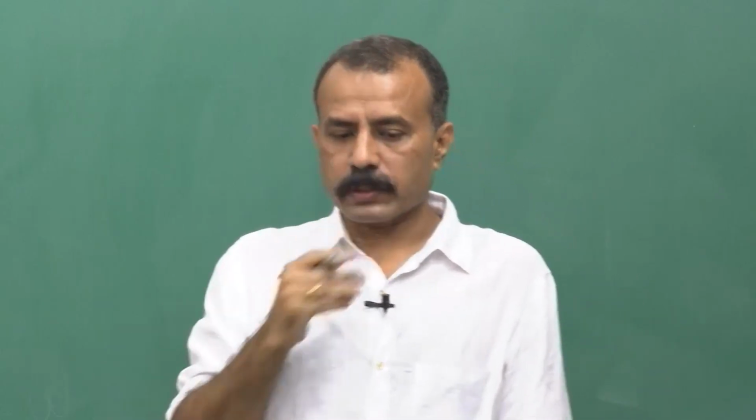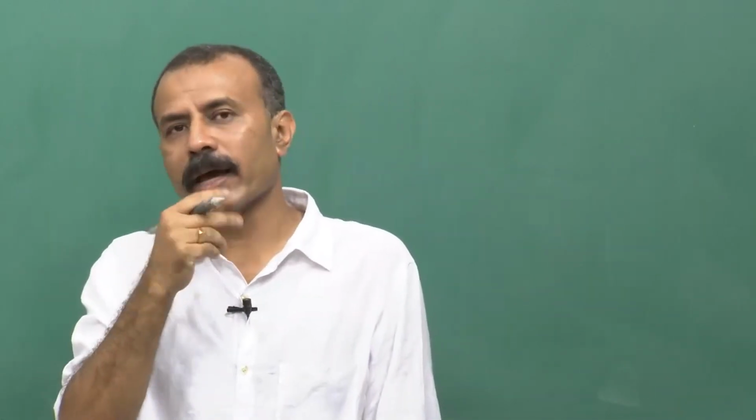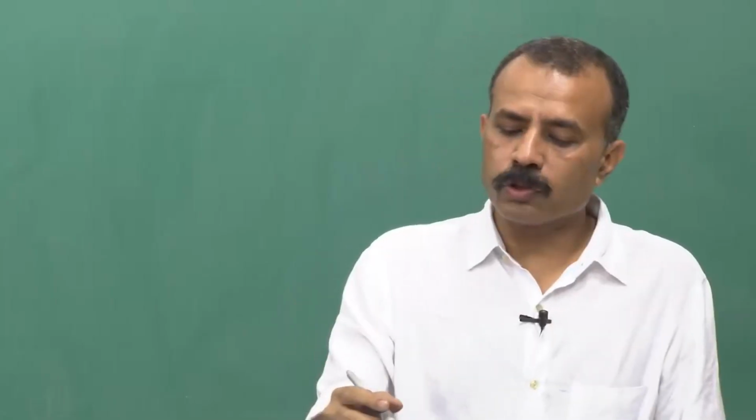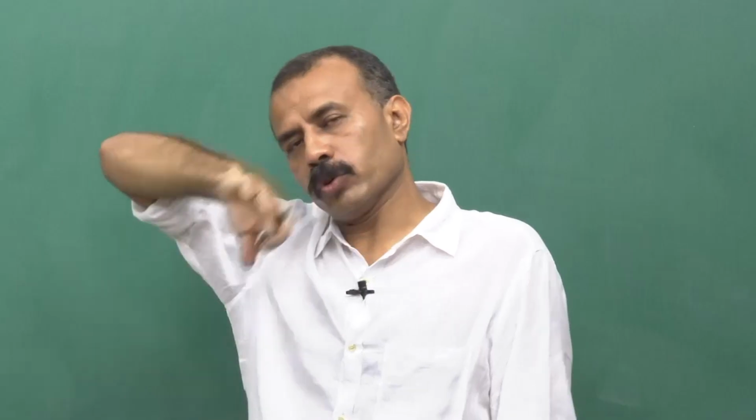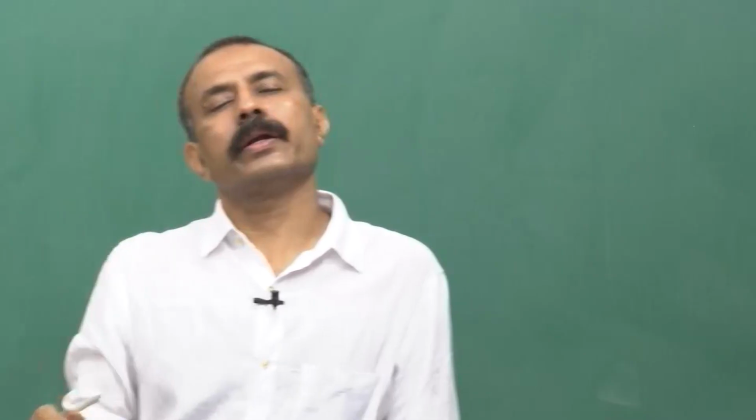And secondly, there is another challenge. There is no way that you can prevent the myotubes forming here, and the depth is so small that those myotubes may come to the bottom and can occlude the cantilever motion. How can you avoid it?